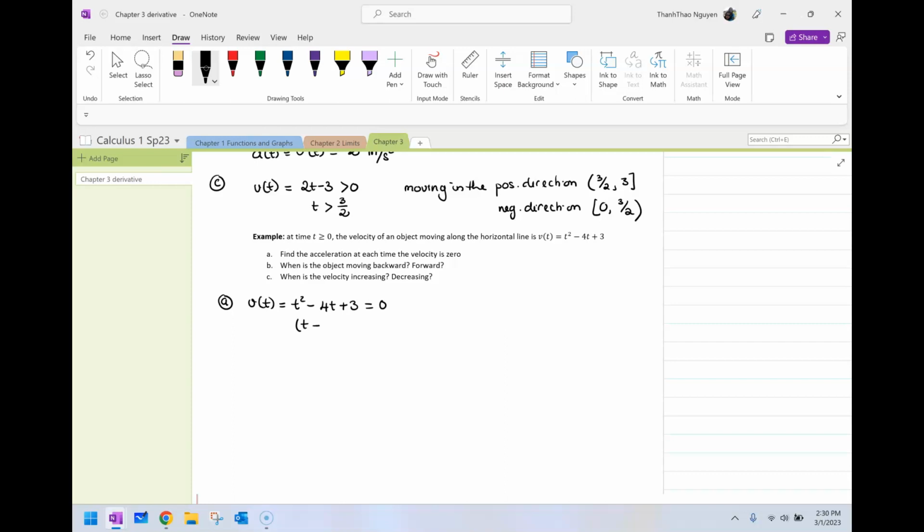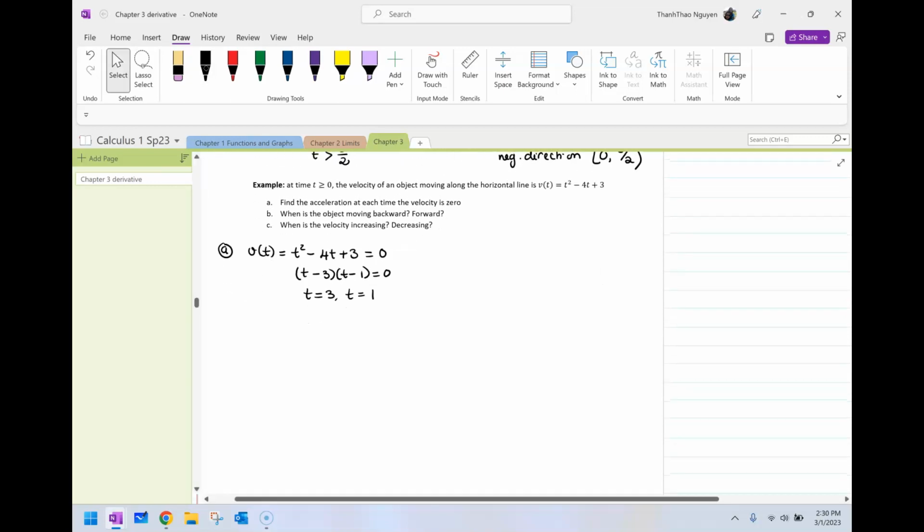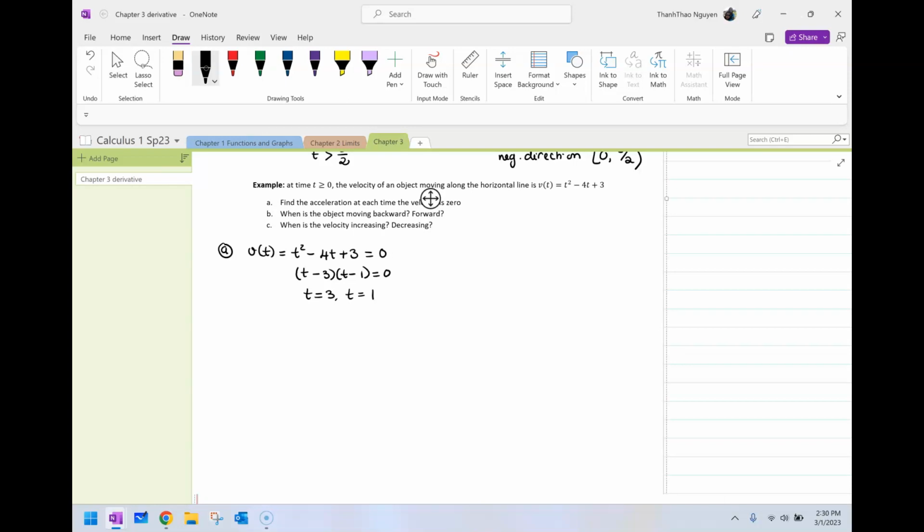So this is t minus 3 times t minus 1 equals 0, so t equals 3 and t equals 1. And we want to evaluate the acceleration at each time that the velocity is 0. So a of t is equal to 2t minus 4.